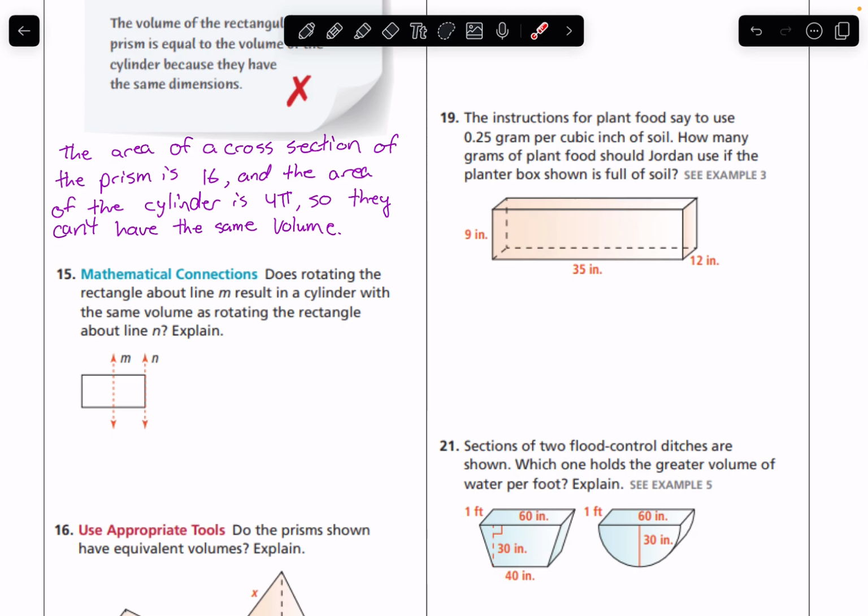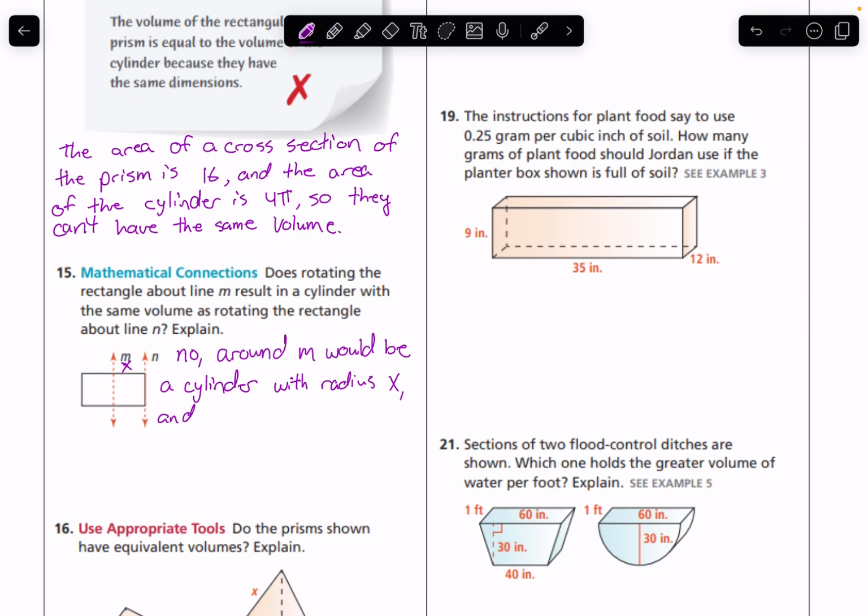So what we can say is no, around M would be a cylinder with radius x. We'll put an x there. And around N would have radius 2x.